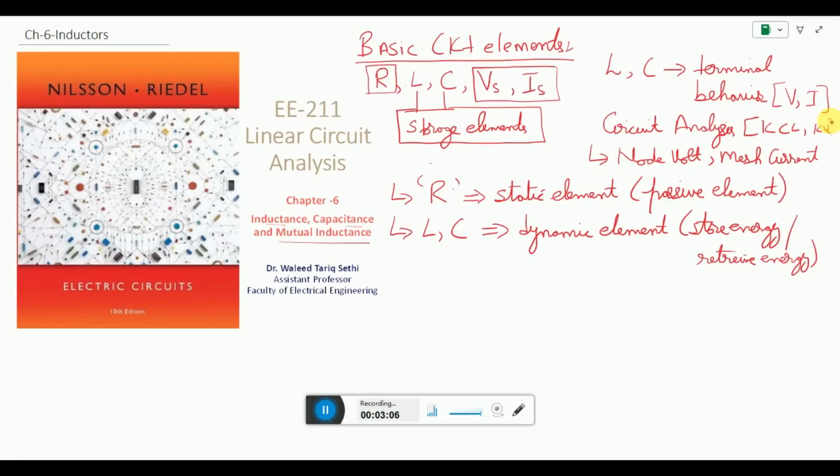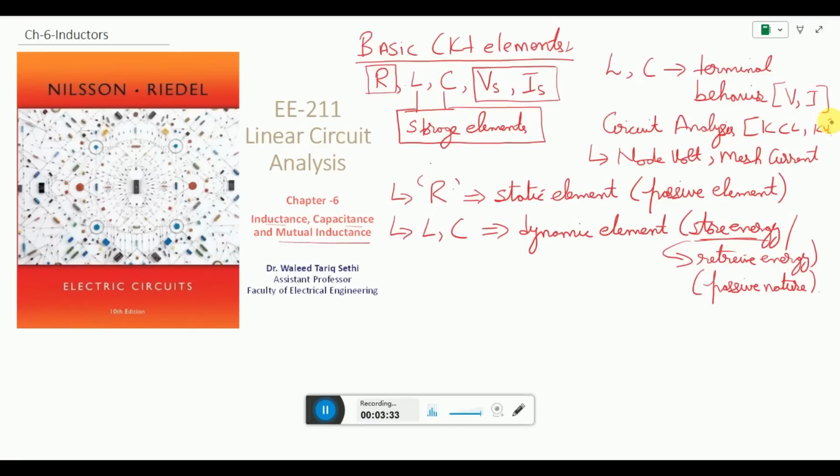But keep in mind that they are also passive in nature, which means that they independently cannot act as a generating source. Rather, first they need to store energy, and that stored energy is then retrieved in the form of generation of energy. So these 2 elements, inductors and capacitors, are passive in nature.